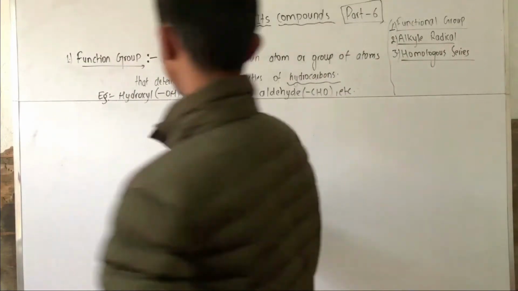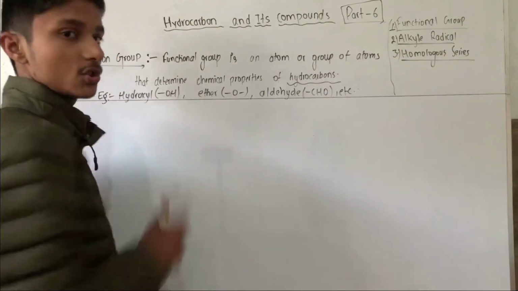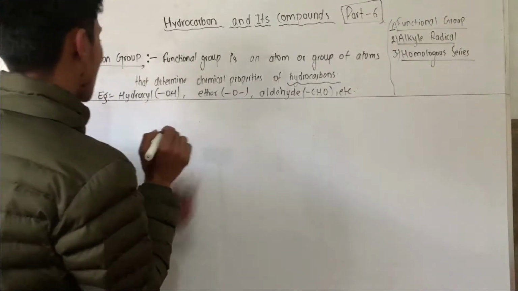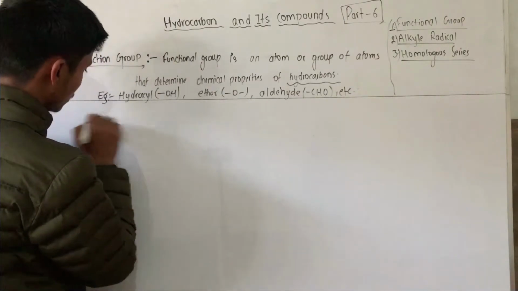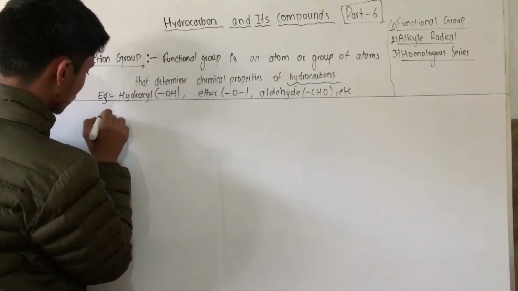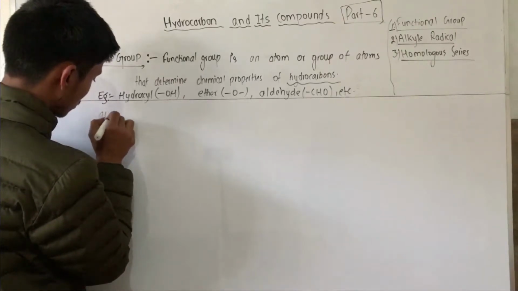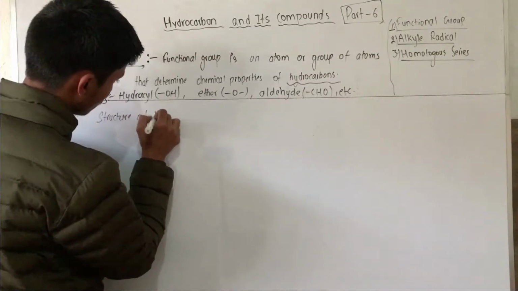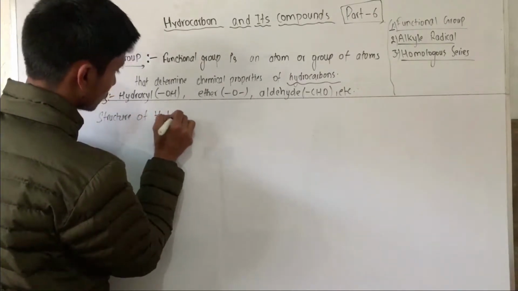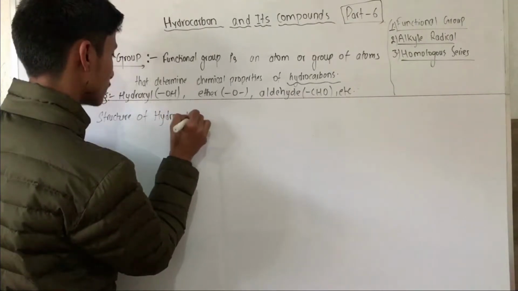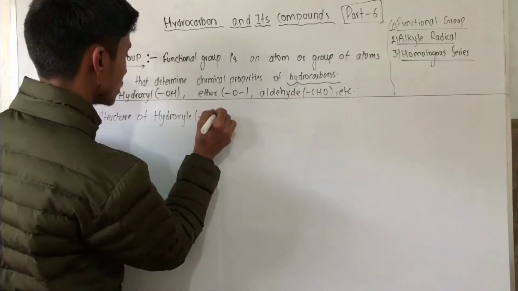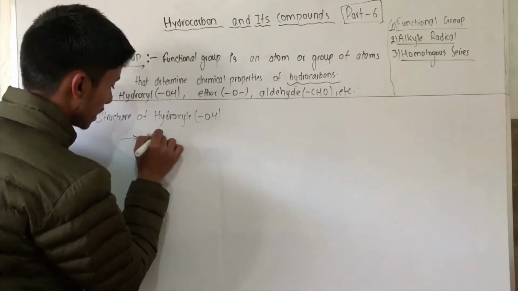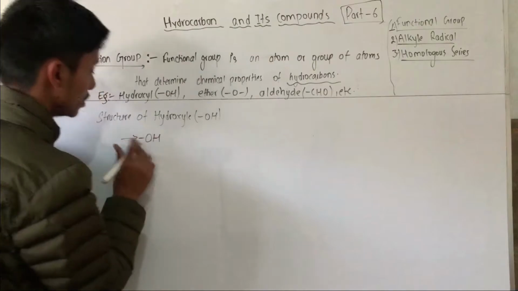And here we discuss some of their structures, okay? First, we take hydroxyl as the first example. The structure of hydroxyl is OH, a simple single bond OH.